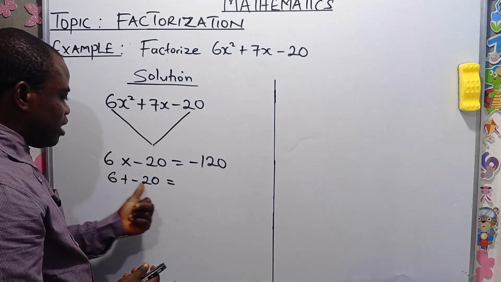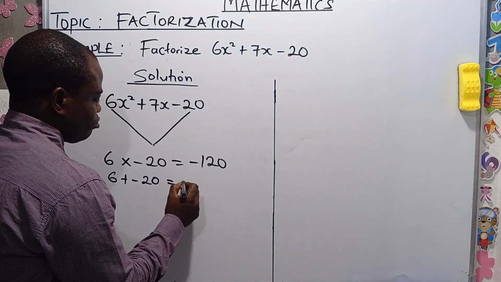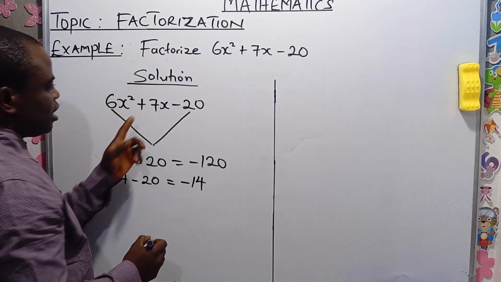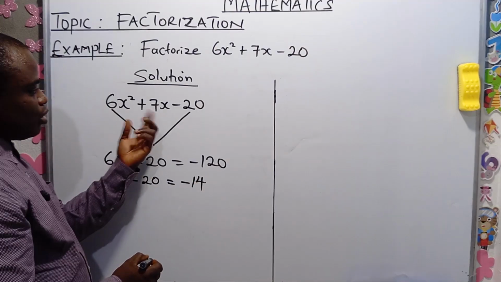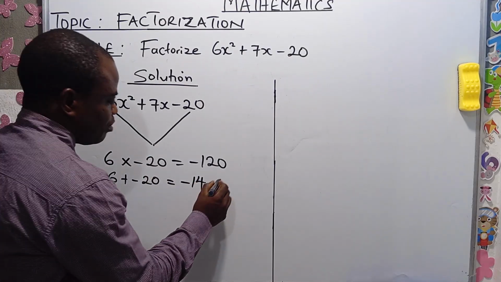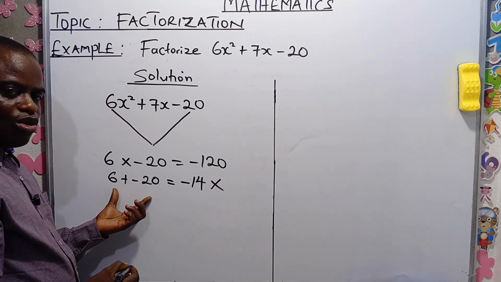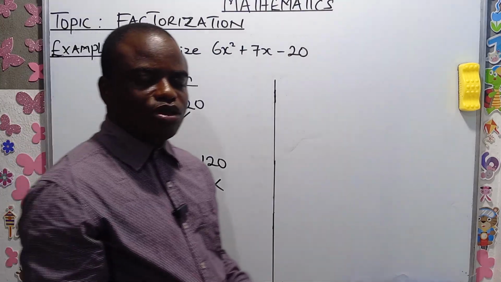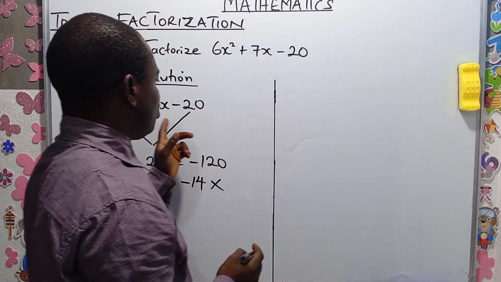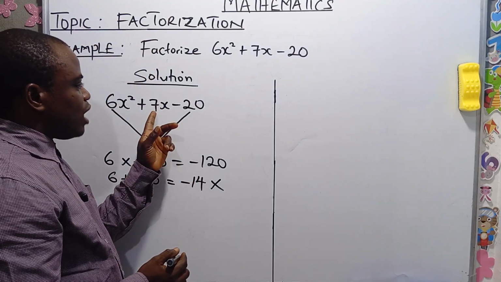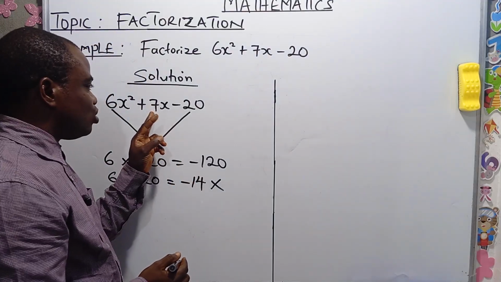Now, plus 6 minus 20 will give you minus 14. Can you see that? You have plus 7 and you have minus 14. That means that this pair cannot go. Now think of other numbers that you can multiply together that will give you minus 120, and when you add those two numbers together, it will give you plus 7.